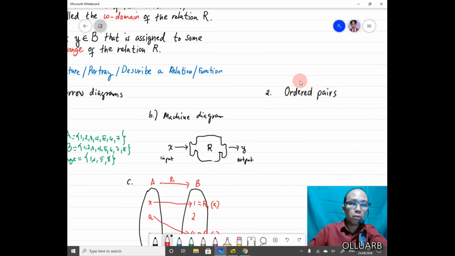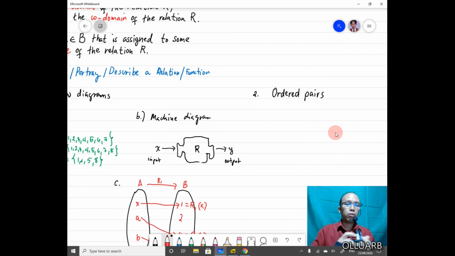This is very familiar in your high school mathematics. Do you remember this notation? This is an example of the ordered pairs.